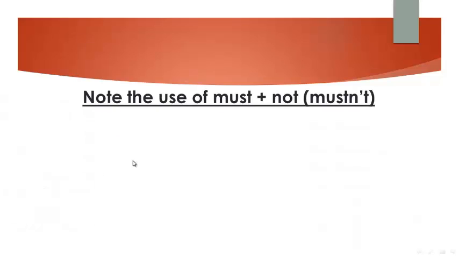Here we will study the use of must, not mustn't. Because mustn't is very important and different from have to or has to or needn't.